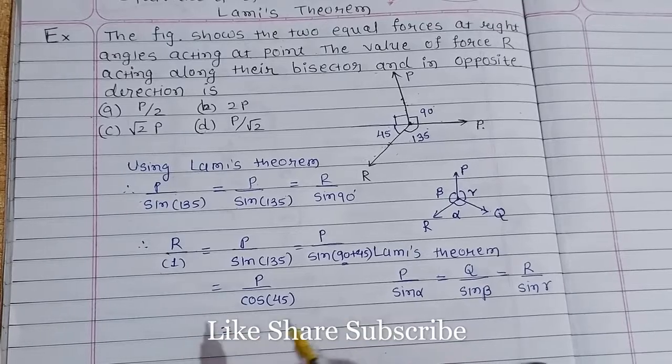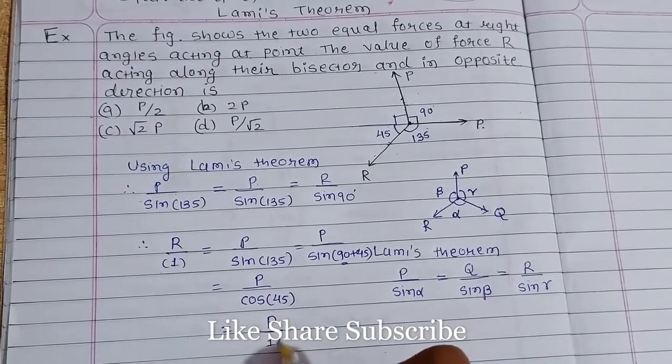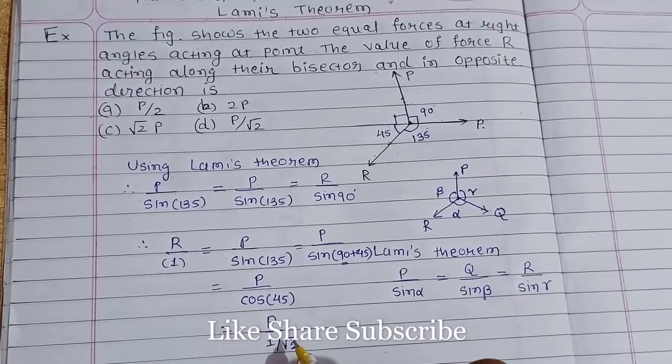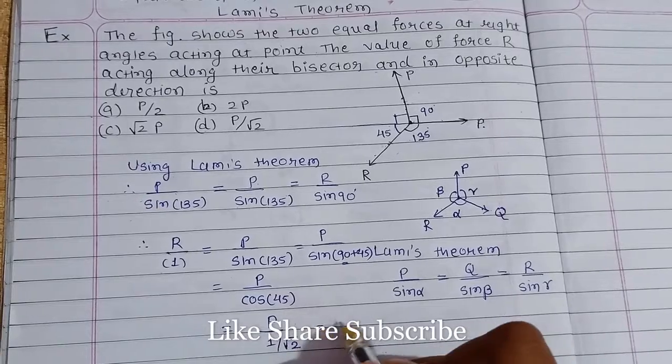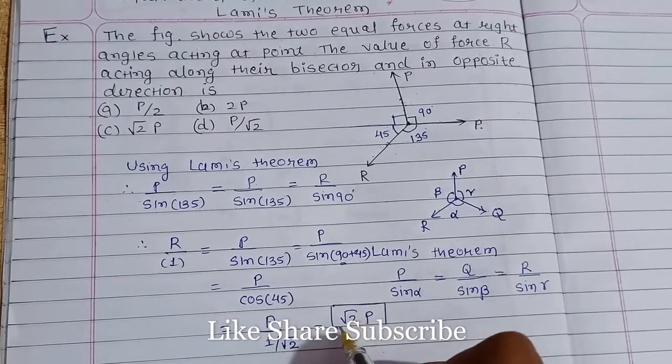We know the value of cos 45 is 1 upon root 2. So the denominator goes to the numerator, giving root 2 times P. This is the solution.